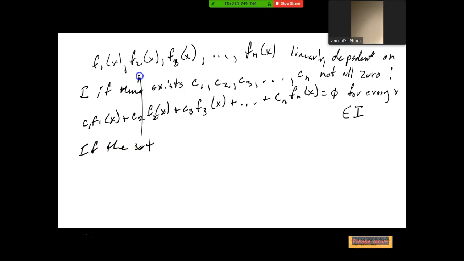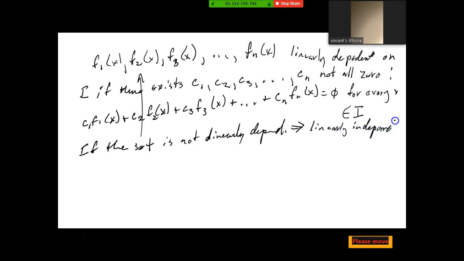If, on the other hand, that set of functions is not linearly dependent, then it's linearly independent. I'm going to abbreviate it there.